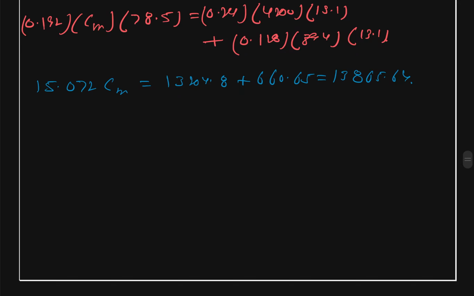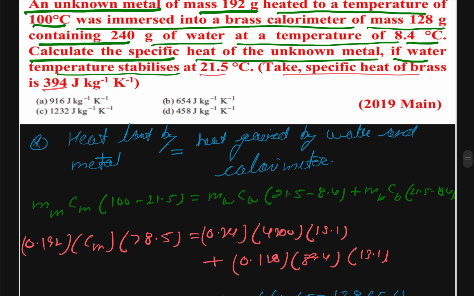So we get our specific heat of metal is equal to 13865.64 divided by 15.072, approximately equal to 920 joules per kg per Kelvin. So approximately it is equal to, option A is correct.